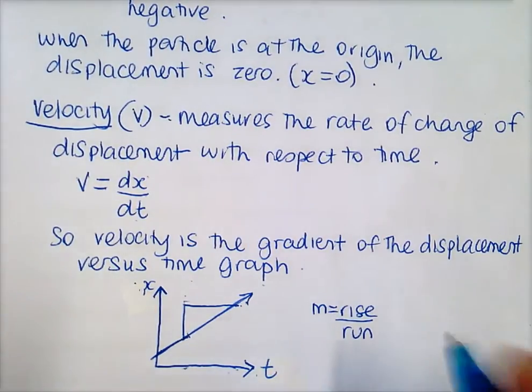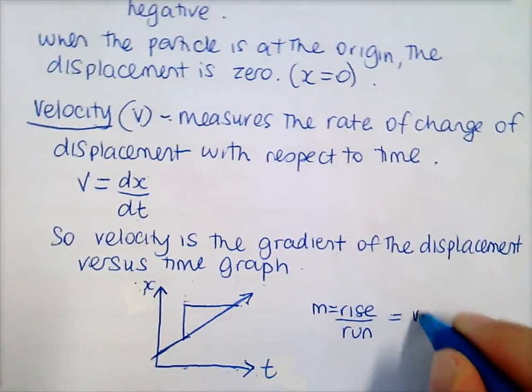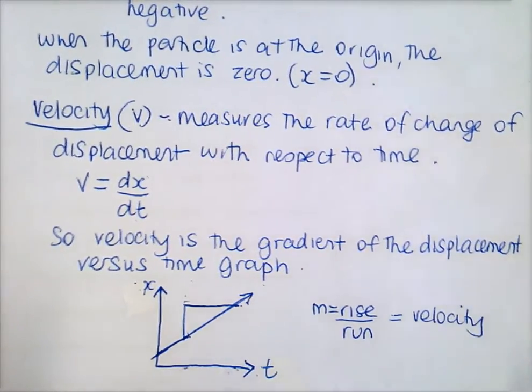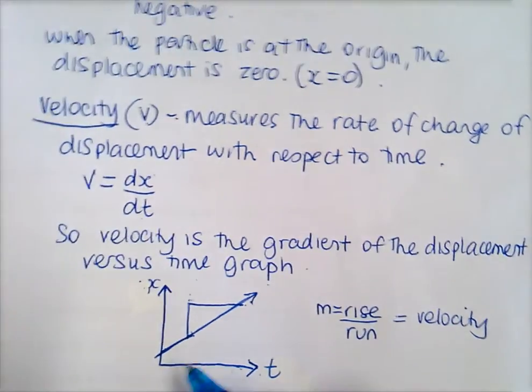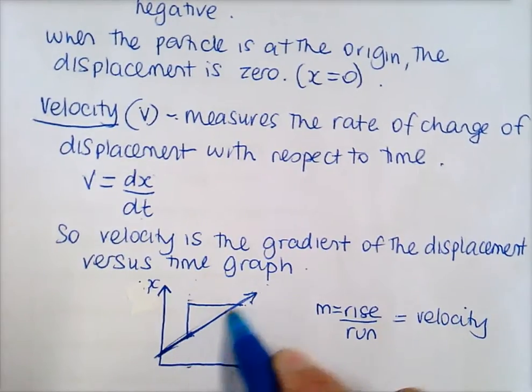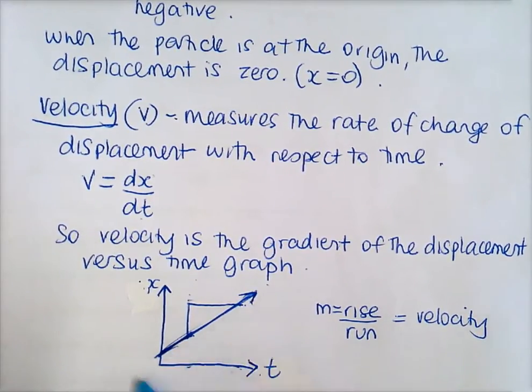So the gradient, which is rise over run, will be the velocity, because it is the change in the displacement over the change in time. So it actually is the formula for average speed. Now with a graph like this, your velocity is constant because your gradient is the same.